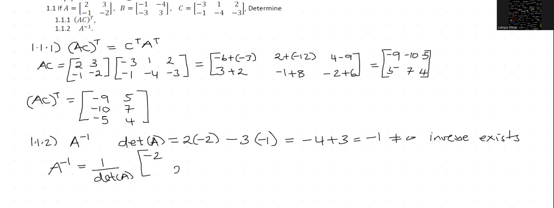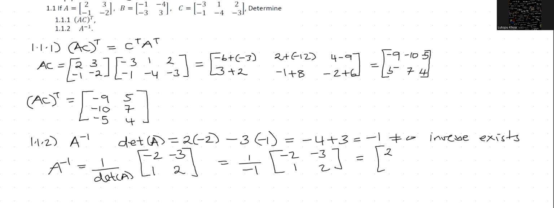And then these 2 on the minor diagonal, we multiply them by minus 1. So 3, we multiply by minus 1, and then minus 1 times minus 1 is positive 1. So this is 1 over negative 1 times minus 2, minus 3, 1, 2. And this gives us 2, 3, minus 1, minus 2. So this is the inverse of A.